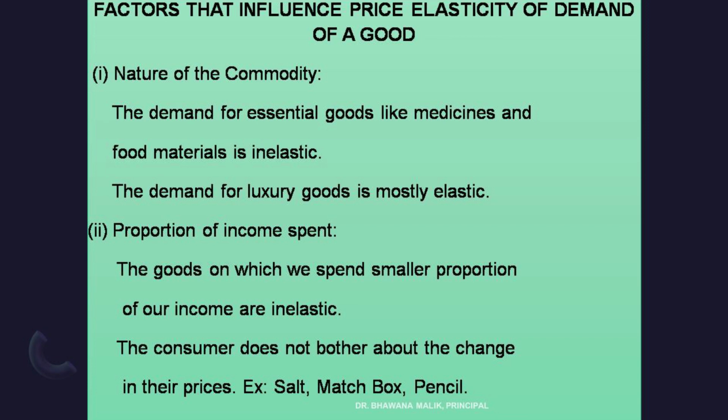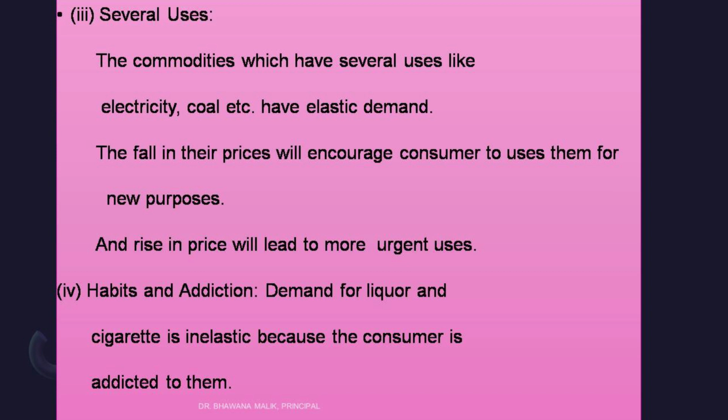Moving on to the next. Next is several uses. The commodities which have several uses, like electricity, coal, etc., have elastic demand. Any change in price will encourage consumers to use them for new purposes. If the price falls from 30 to 20, definitely we are going to use that more frequently.